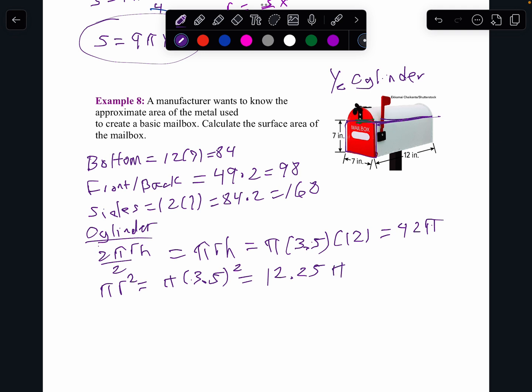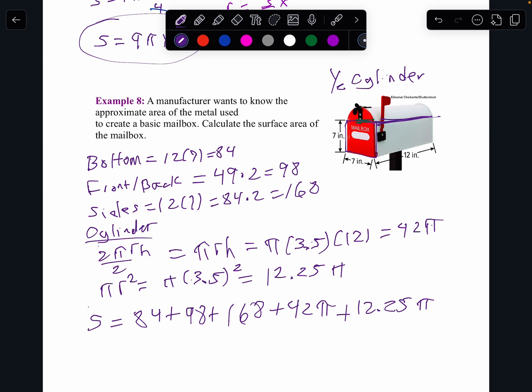So my total surface area, I'm going to add these up. 84 plus 98 plus 168 plus 42 pi plus 12.25 pi. And we'll use your calculator from there.